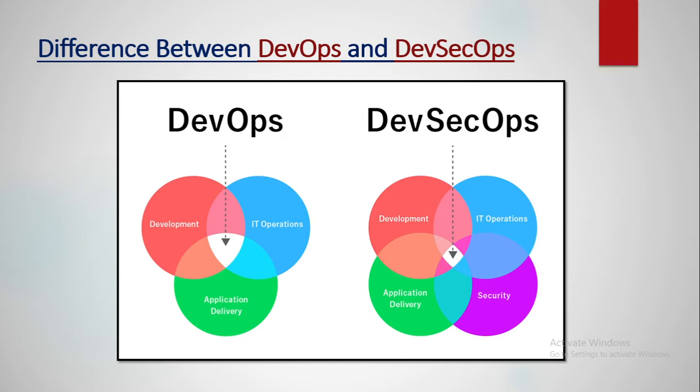However, while DevOps prioritizes delivery speed, DevSecOps shifts security to the left. Okay, I think you can all get a clear idea about the difference between these two. Okay, now we will move to the next slide.